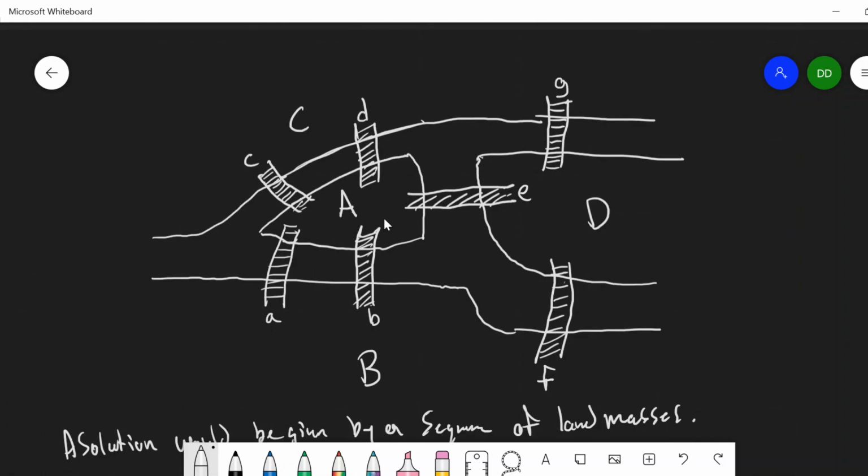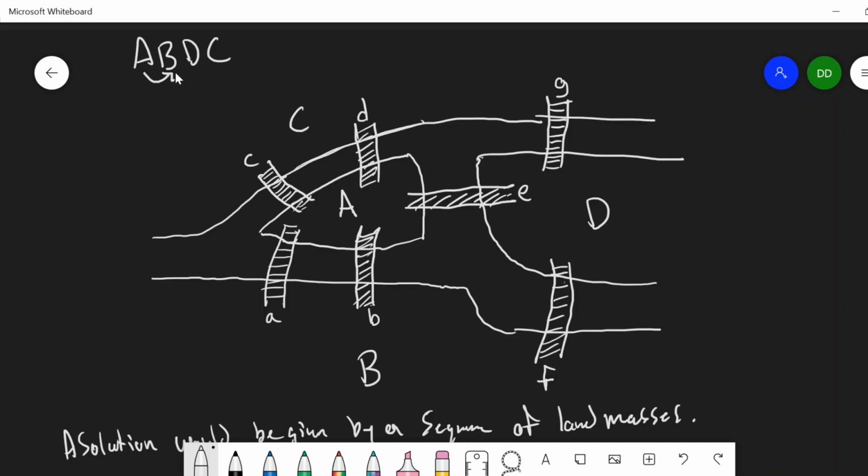So if I have a sequence like, let's say A, B, D, C, for instance, this would mean I would start at landmass A. I would take this bridge to go to B. It could be either little a or little b. Euler is kind of saying it doesn't exactly matter which one you take.